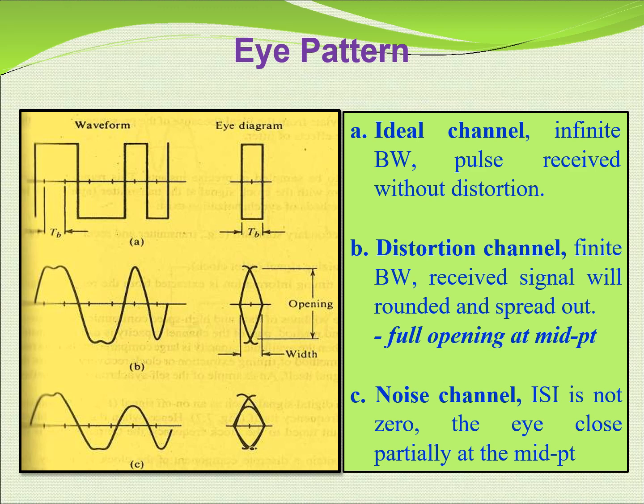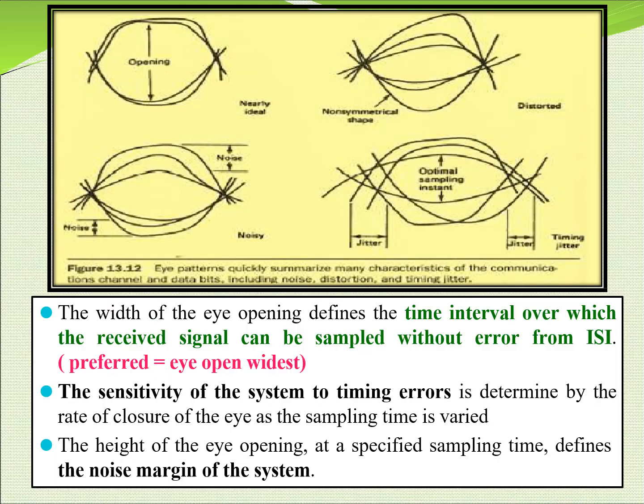Ideal channel: infinite bandwidth, pulse received without distortion. Next we consider the distortion channel: finite bandwidth, the received signal will be rounded and spread out. Next, the noisy channel: ISI is not zero, and the eye is closed partially at the midpoint.